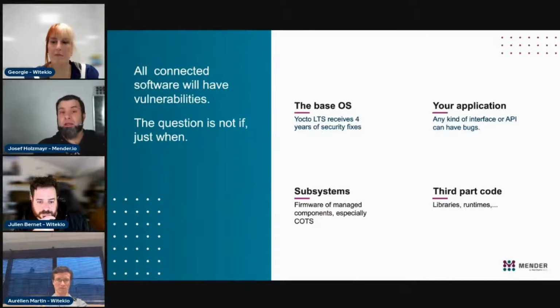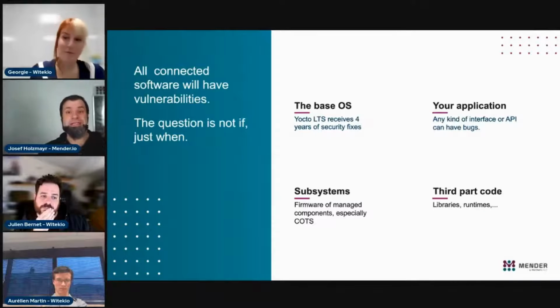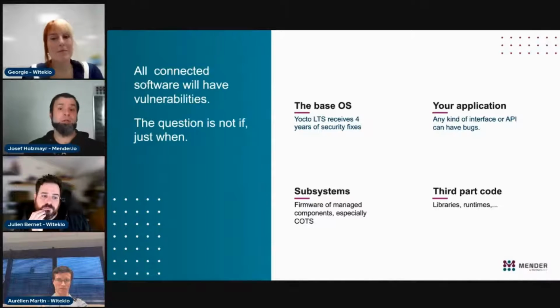There are the components that you maintain yourselves, and there are the hidden components, because a real-life system these days is usually not just one big processor in the center that runs all of the stuff, but a lot of other stuff around it. If you think about an industrial system, there are drive controllers, there are elaborate sensors, there might even be vision systems, all kinds of stuff, and all of those will need an update sooner or later.